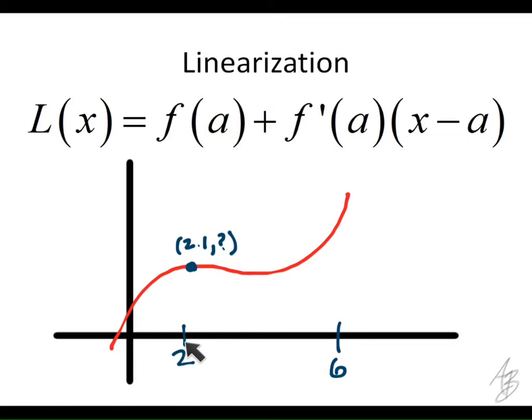Why would I want to use a point here at 2 rather than a point at 6 to approximate the value of the function at that point? That's closer, right? That's an easy question, I think. So what we're going to do is use the idea of the tangent line. Let me draw a tangent line at 2.